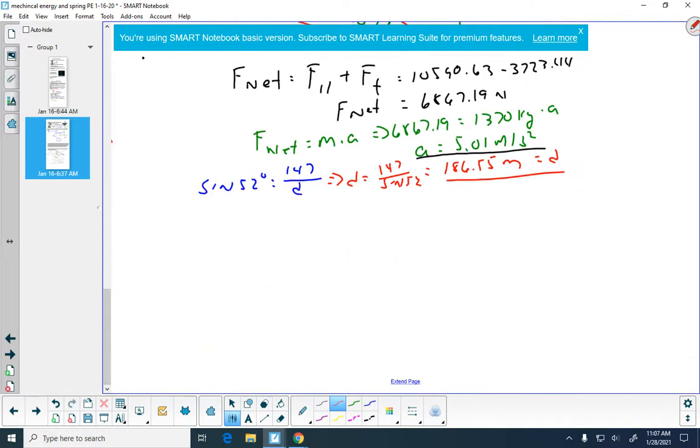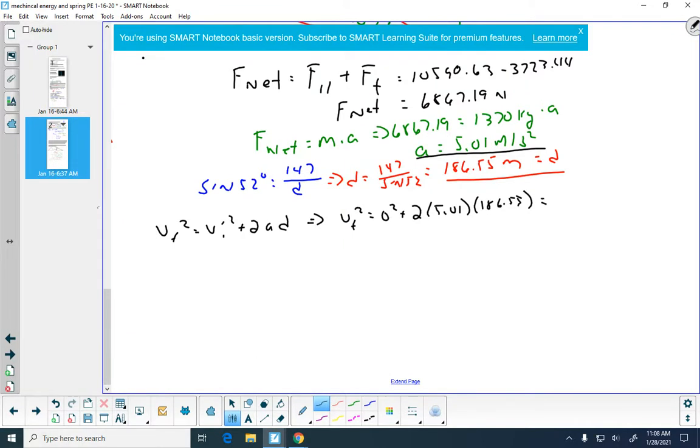And we have an equation: V final squared is equal to V initial squared plus 2AD, which will allow us to find a final velocity of the block. Make sure you take the square root.